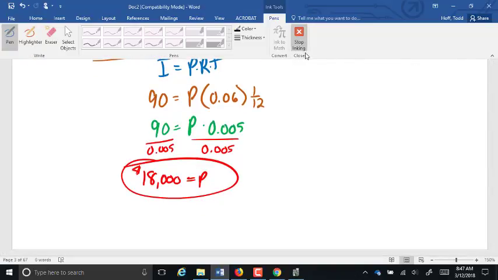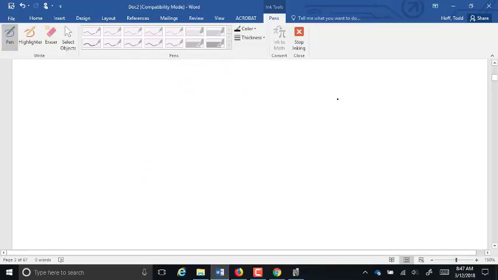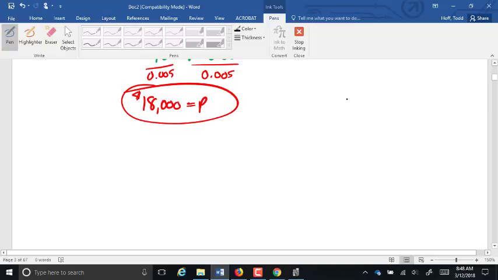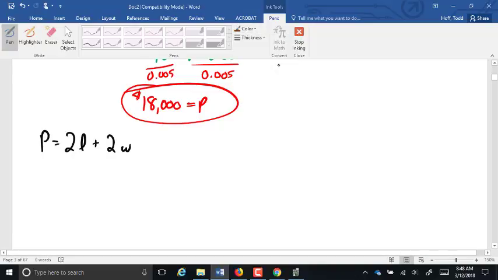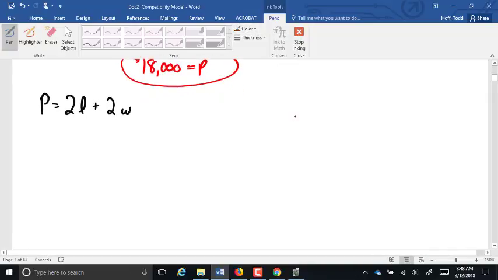Now, another type of problem that we did was our perimeter problems, where there was a formula. We had the perimeter equals 2 times the length plus 2 times the width. And we can get increasingly difficult with these.